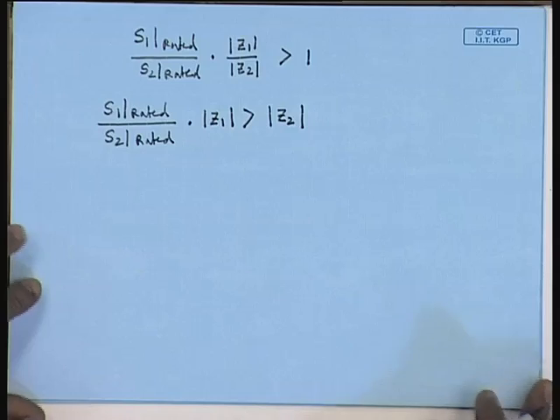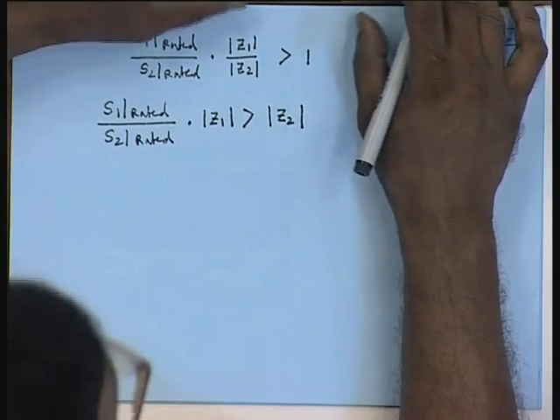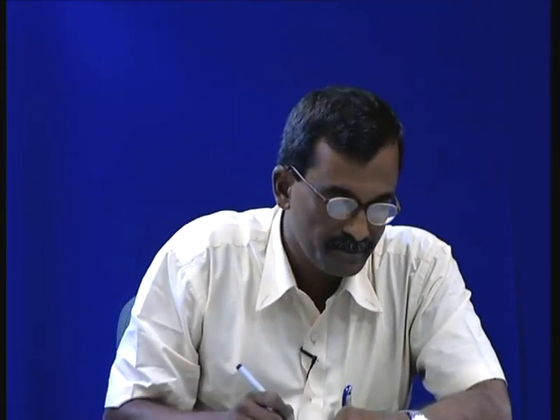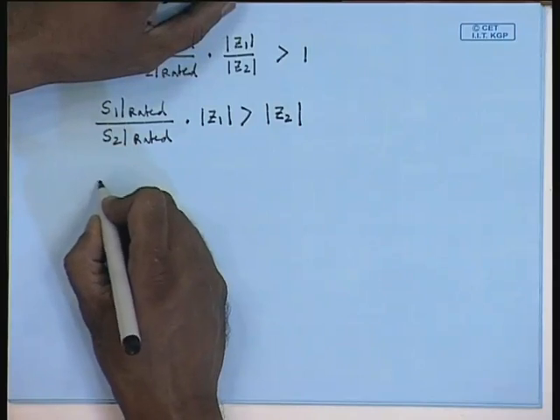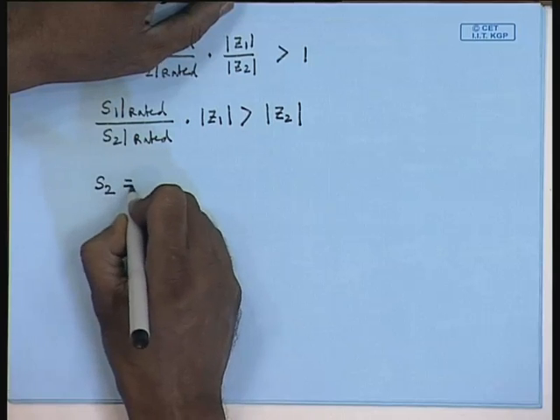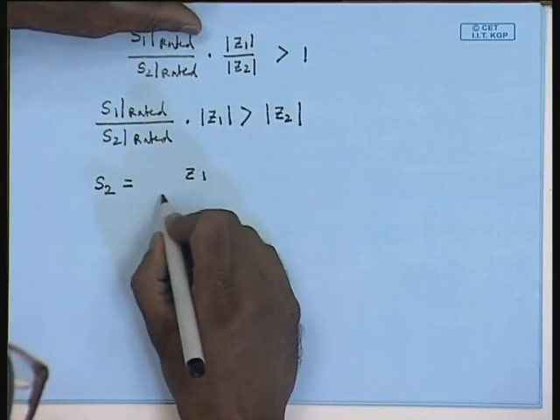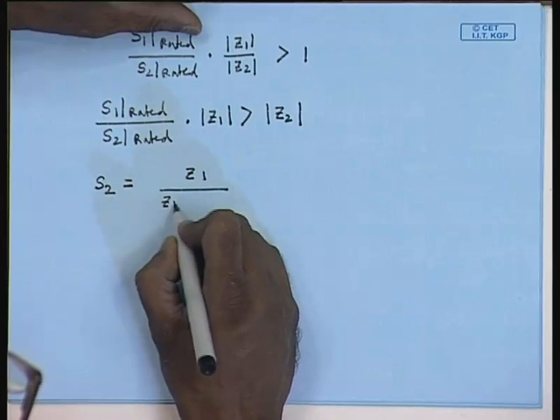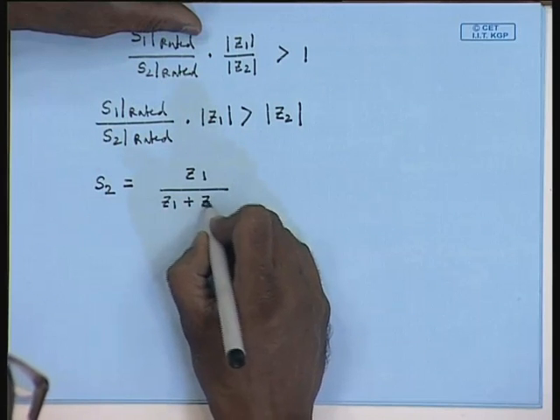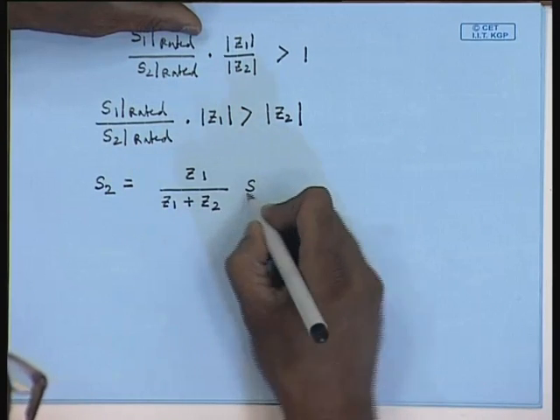In which case it can be easily shown that it is the second transformer which will share more load and reach its rated kVA earlier, because we have seen S2 to be Z1 divided by Z1 plus Z2 into SL.